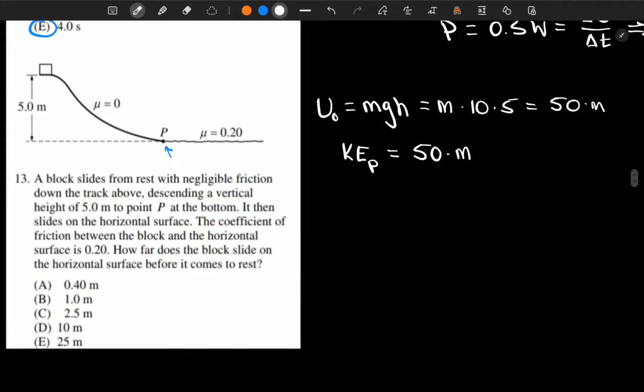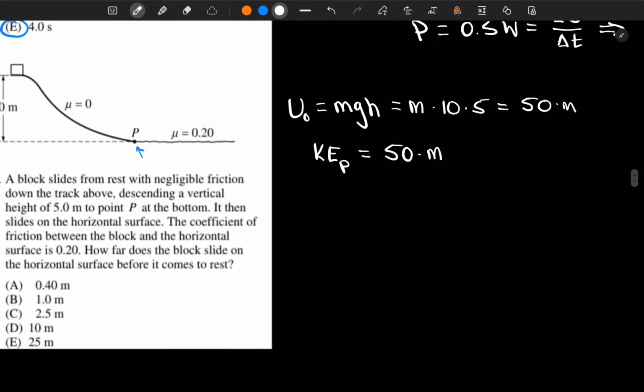Then, as we know, along this horizontal surface the frictional force is constant. We find that the work being done by the rough surface is equal to F, the frictional force, times delta r, which is what we wish to find.